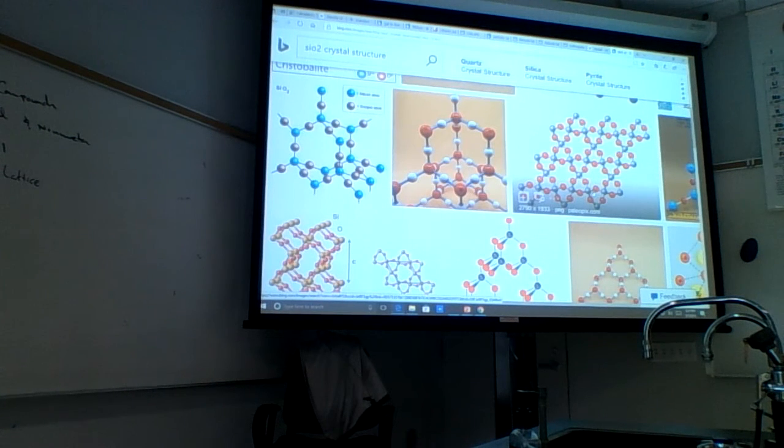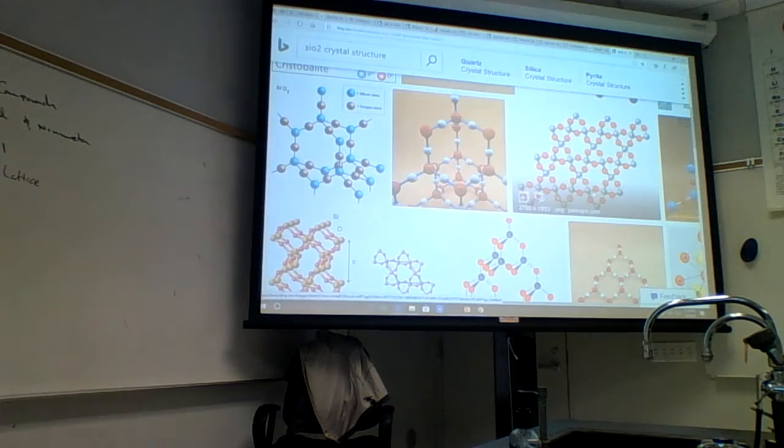This would be named silicon dioxide. But silicon is what we call a metalloid, and metalloids are at the border between non-metals and metals. So what happens when we have metals and non-metals present, rather than all non-metals? Then we have something called an ionic compound. For ionic compounds, the naming system is different.